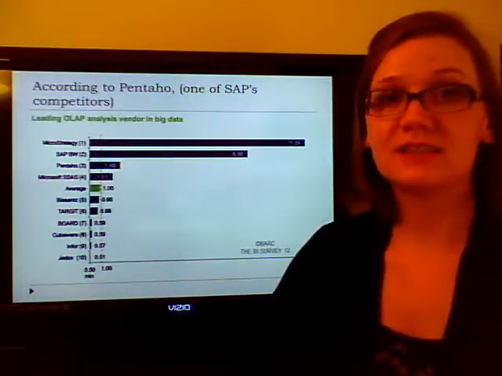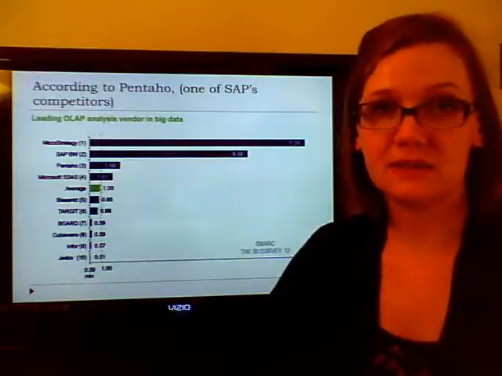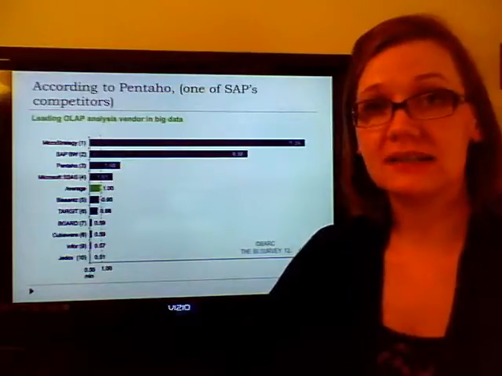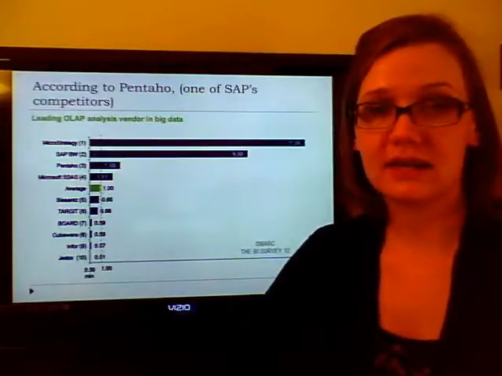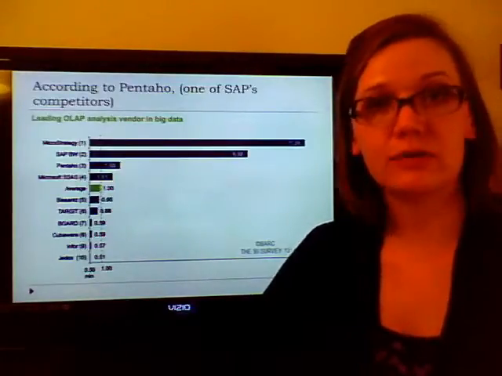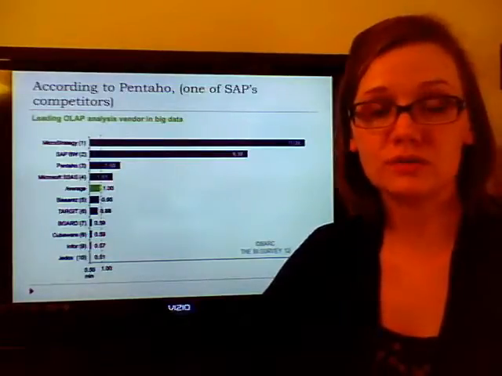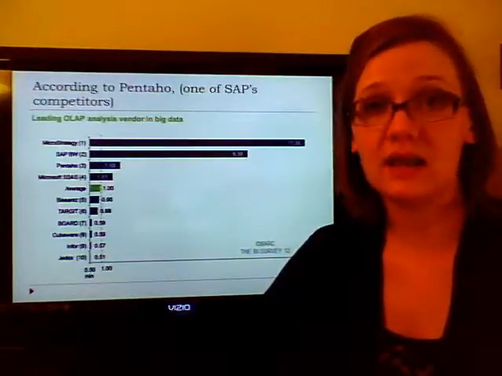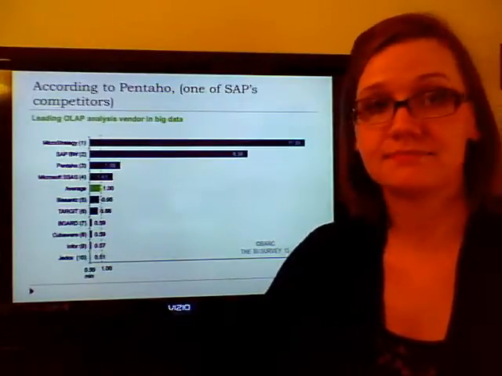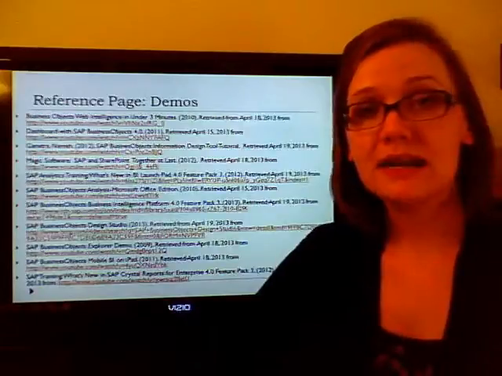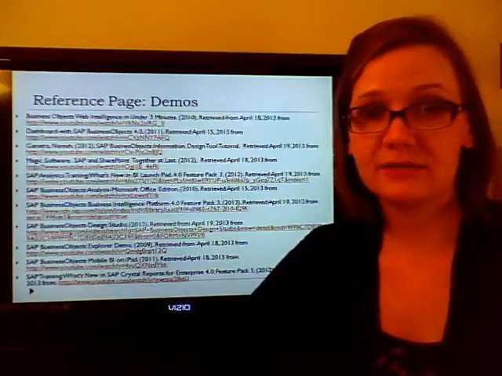So this is where that big company comes to play. So as far as big data needing a lot of money behind it, a lot of capabilities, a lot of storage, things like that, SAP is a forerunner, and that might be the reason why it is so used, because some of those bigger companies with big data have no choice but to use SAP, even if the functionality is a little clunky. So that was my analysis and presentation of SAP services.